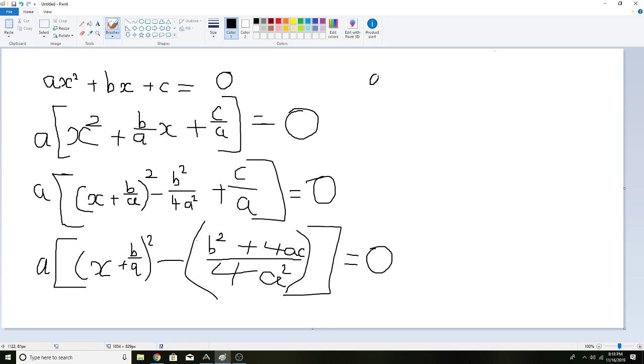So if I do this, a x plus b over a squared. So multiply it together. I'm just thinking, am I doing this right? Yeah, I think so, it should be fine. Minus.